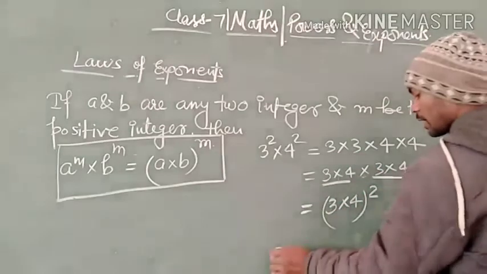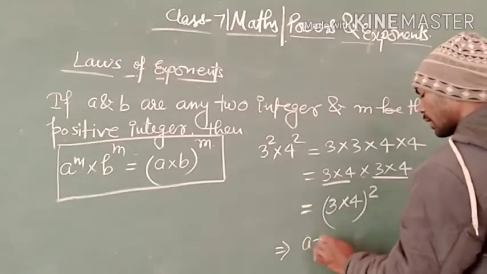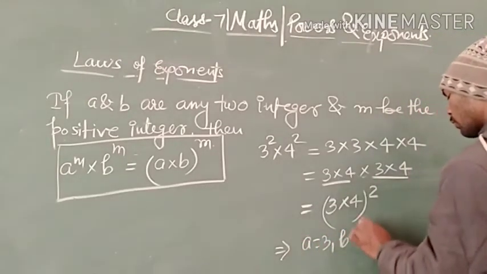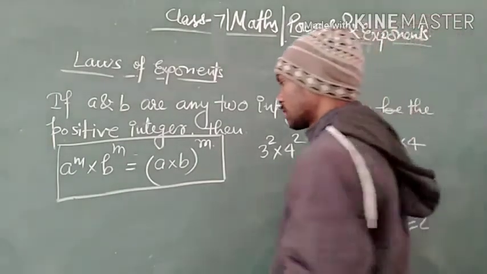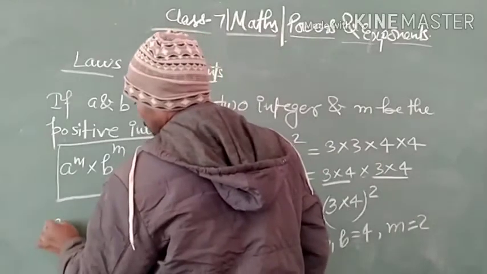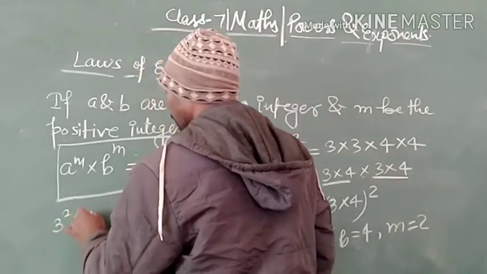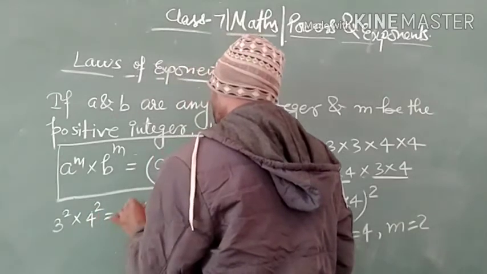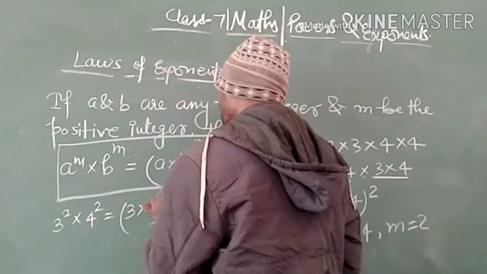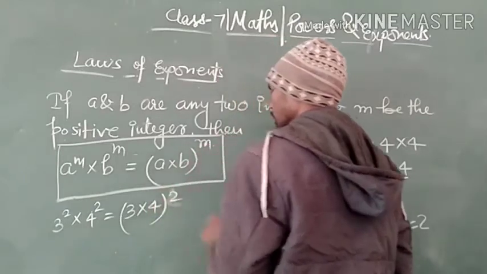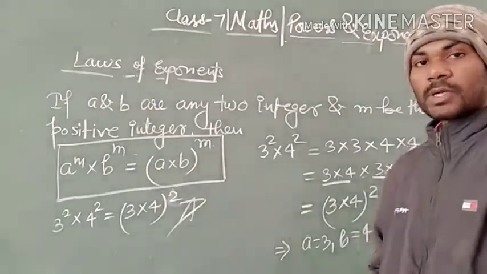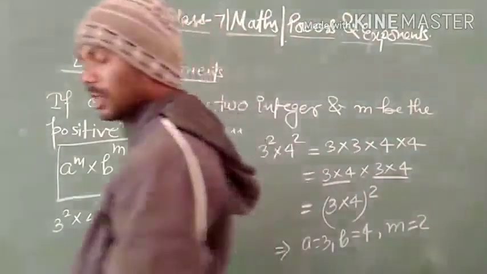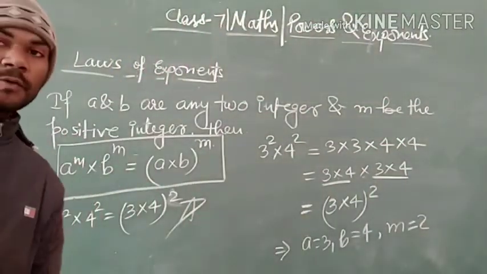Okay, so this implies a is equal to 3, b is equal to 4 and m is equal to 2. So that here we can also show that 3 to the power 2 into 4 to the power 2 is equal to 3 into 4 to the power 2. So this is the required proof of this rule 4. So students, I hope that the fourth rule is also clear to everyone.